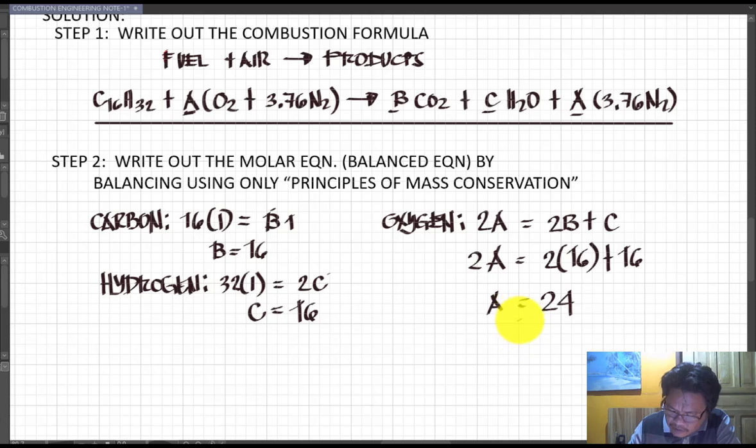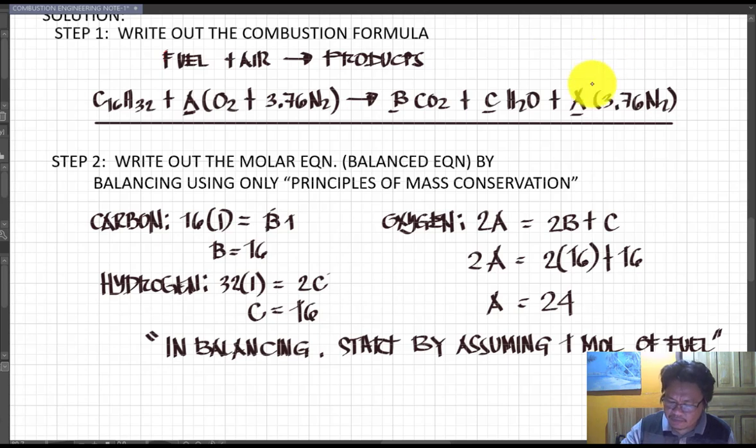Then next, what we are going to do is substitute this to rewrite our stoichiometric formula. I forgot to add, no. In balancing, we need to assume by starting with 1 mole of fuel that will be used.